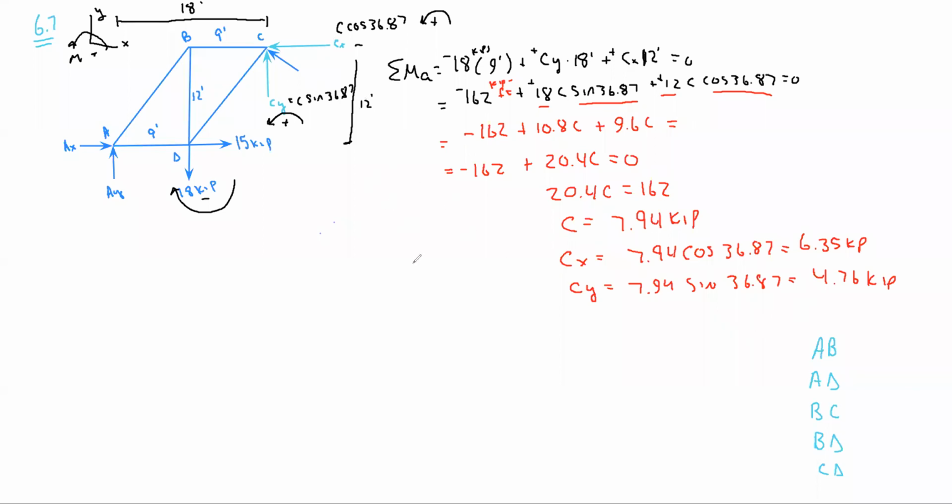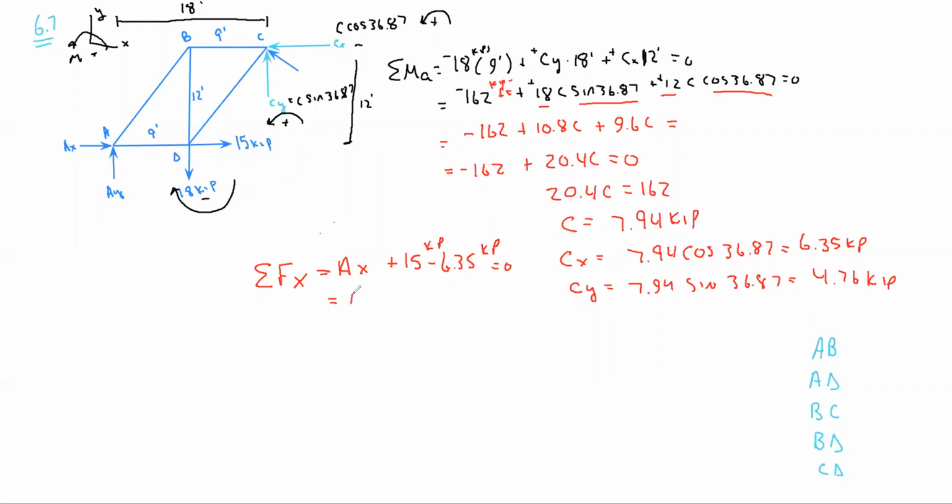All right, from there, we ought to be able to get the rest of our stuff. So we still need the reactions at AX and AY. Summation of forces in the x direction is equal to AX plus 15 minus 6.35 kips equal to 0.